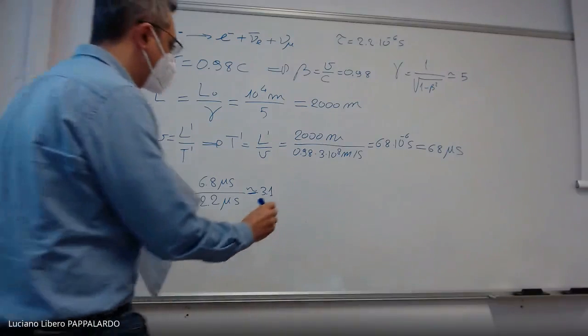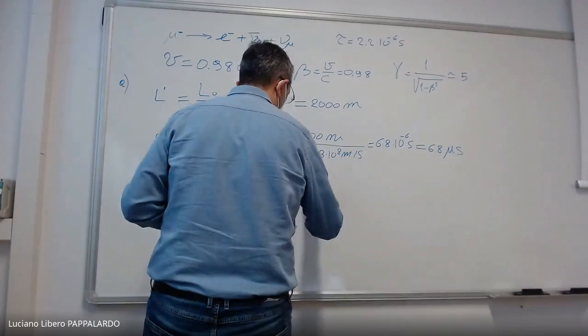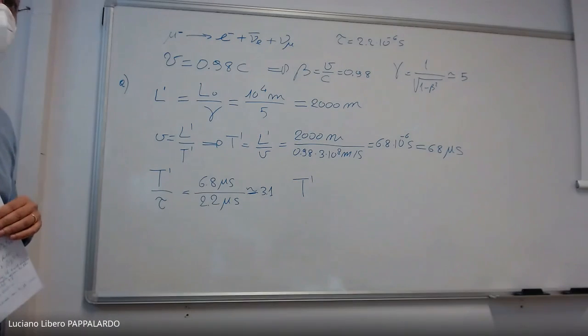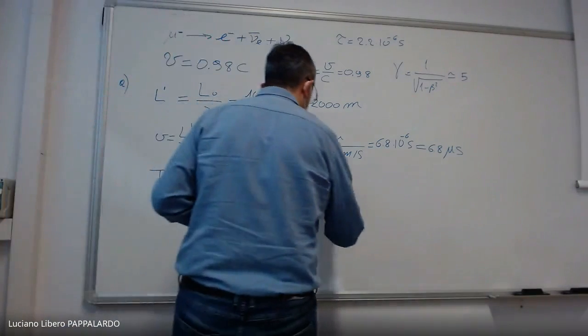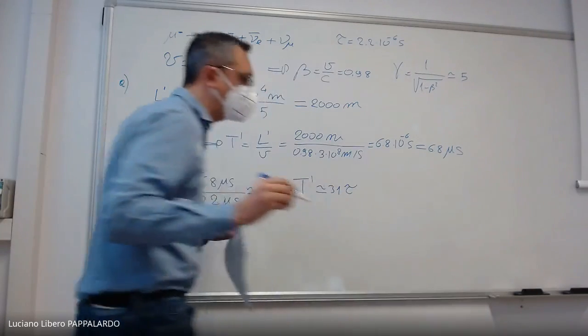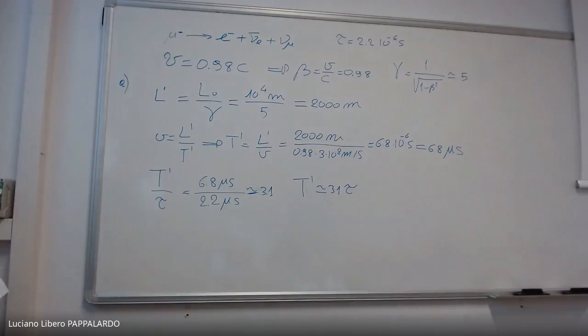Or in other words, the time needed by the muon to reach the Earth's surface is 3.1 times its proper decay time. And this means that most of the muons will have decayed in flight before reaching the Earth's surface. Okay, the majority.